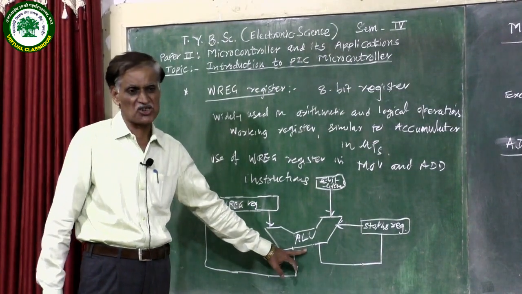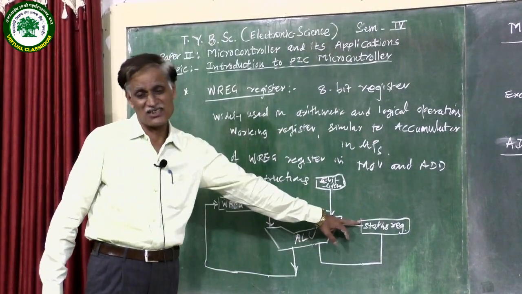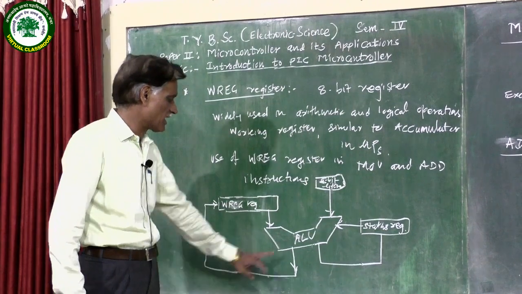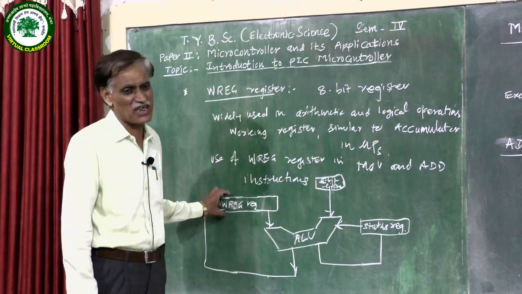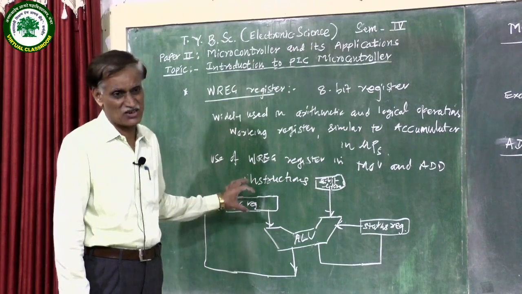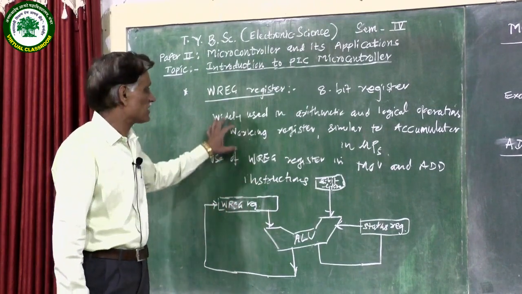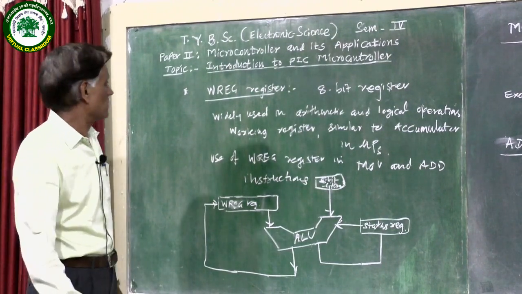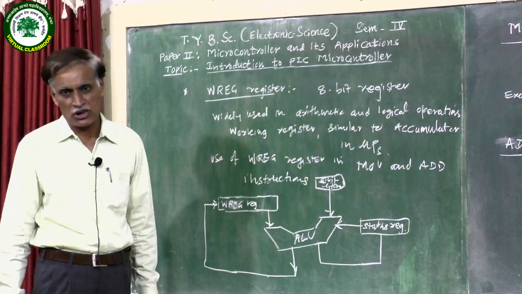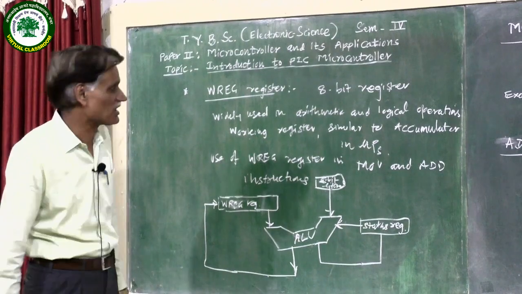Arithmetic logic operations are carried out. The status register is also affected by it. And finally, you have to remember that the result is placed again inside the WREG register. In this way, this is a versatile register, and we have to keep it in mind for programming of PIC microcontrollers, either in assembly or C language.